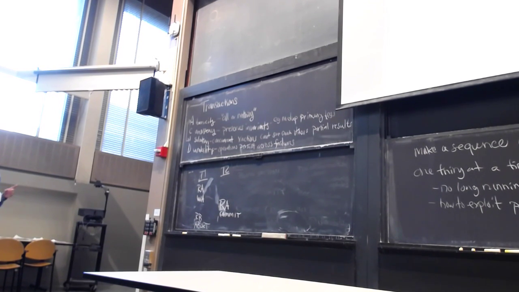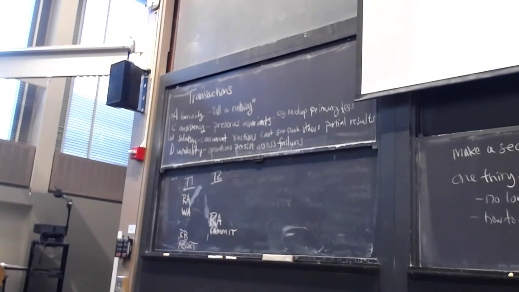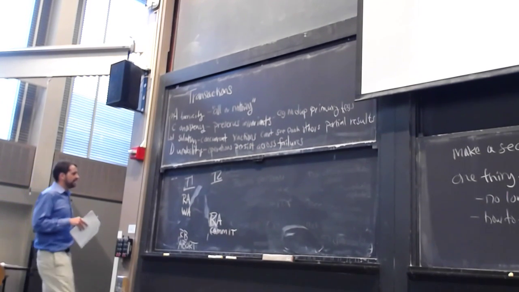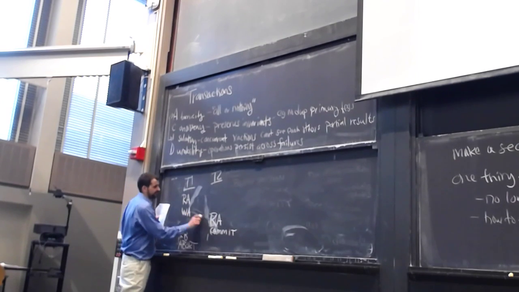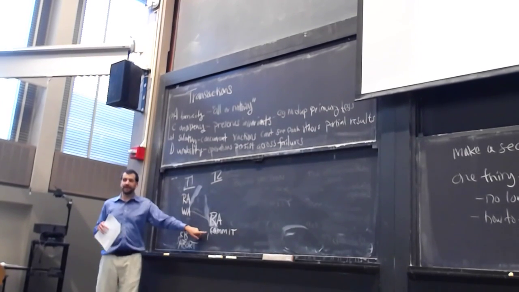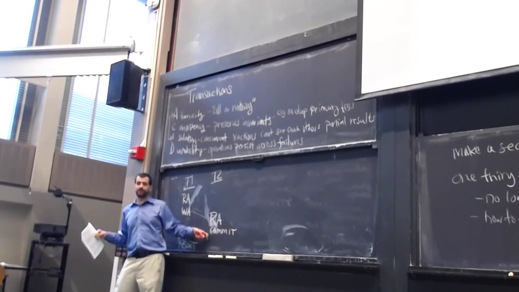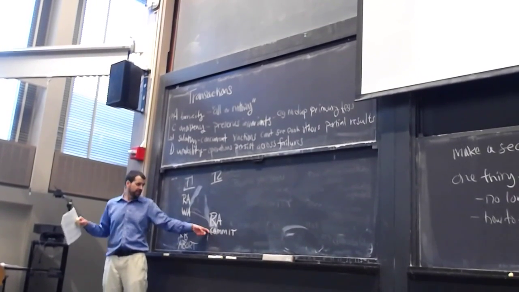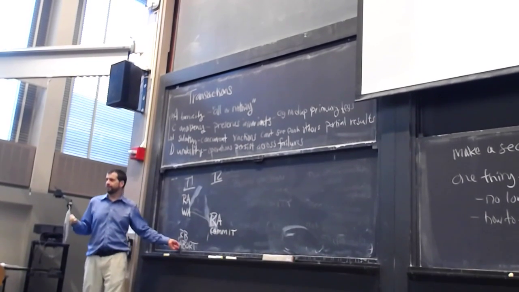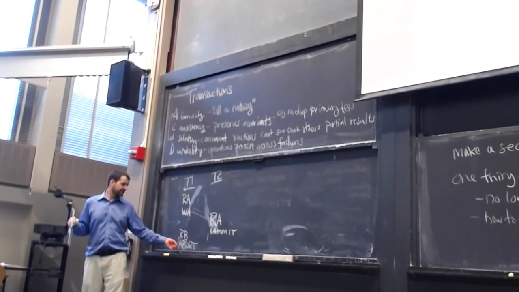But what seems bad about this if I actually allow it to happen? Yeah, it's bad because if T2 read this version of A and then committed and told the world about it, and maybe some other transaction saw this value, then T1 comes over here and aborts.